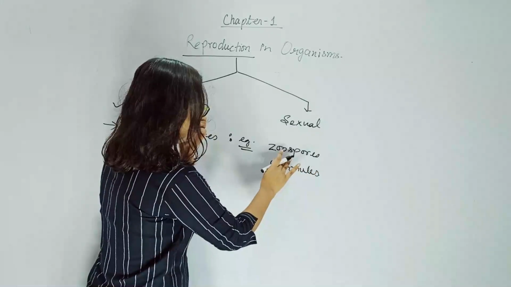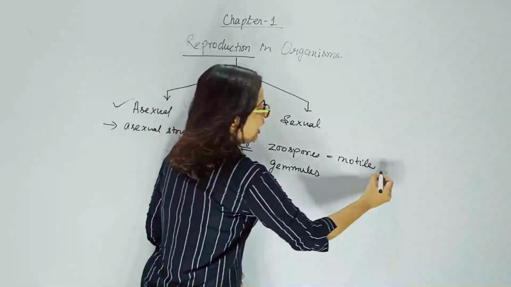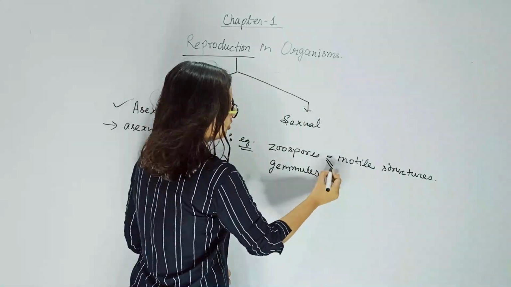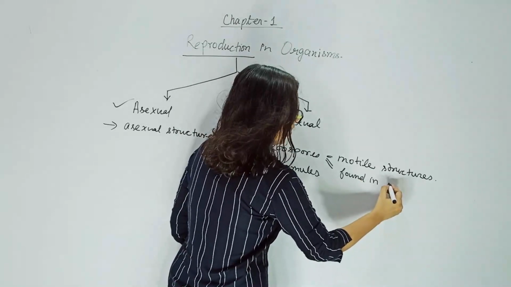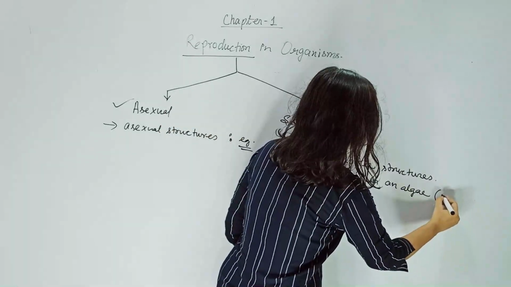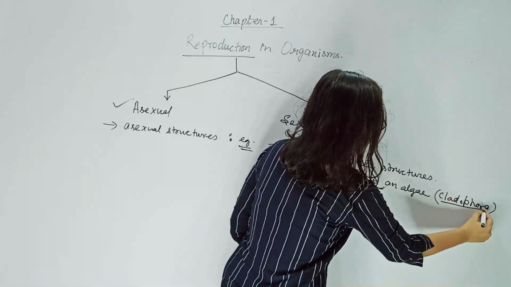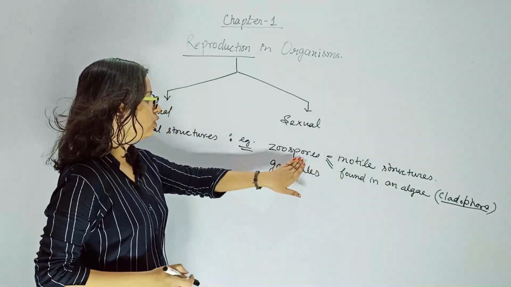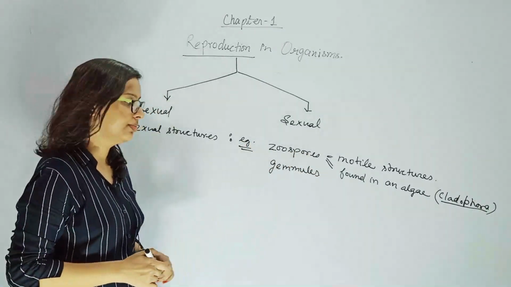Zoospores are motile structures found in an alga named cladophora. Motile means they have the capacity to move from one place to another.